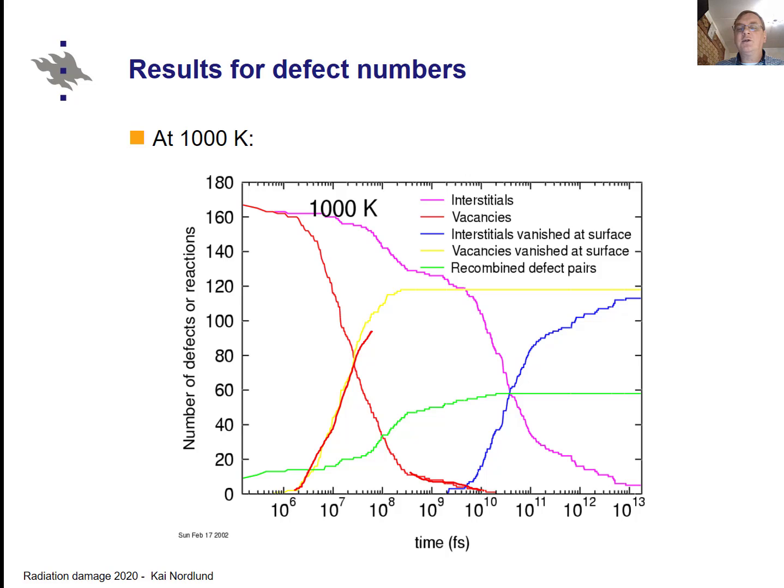So all the vacancies are gone, and after that the interstitials start to dominate the behavior. On longer timescales the interstitials become mobile and vanish at the surface. Eventually in this model, you reach a steady state where all defects either have vanished at the surface or become immobile defect clusters.